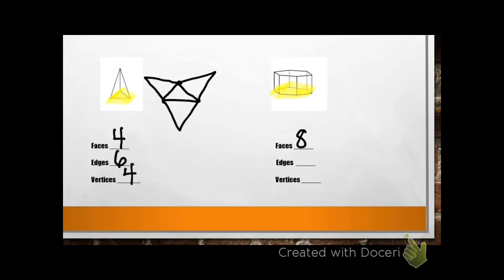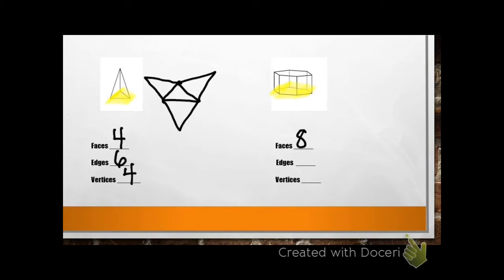Okay, now edges. How many line segments is it going to take to make this shape? When you're thinking of edges, think of line segments. If it's a hexagon, it took 6 line segments to make the bottom. That means it's going to take 6 to make the top. So we're already at 12. Then I have my connecting lines, 6 of those.